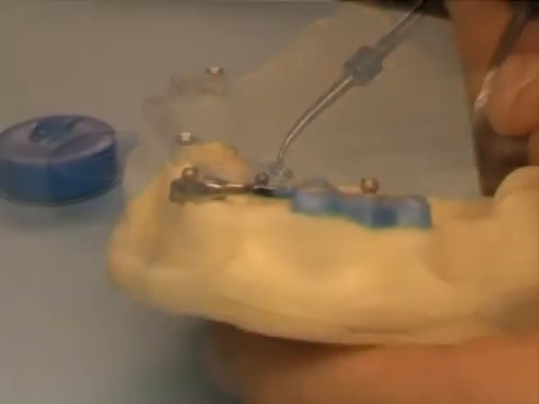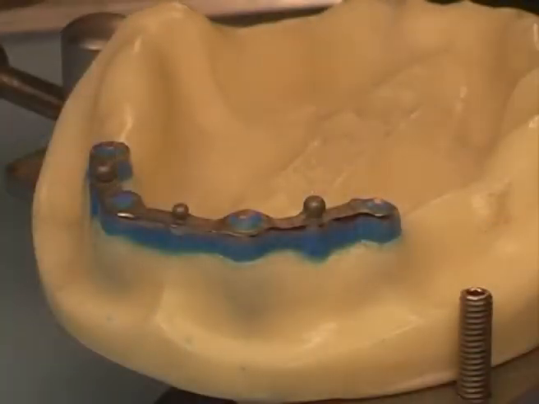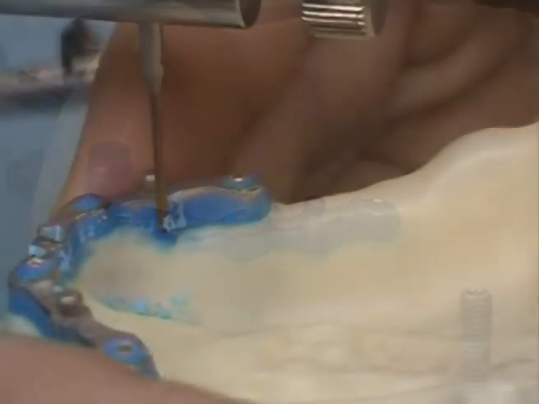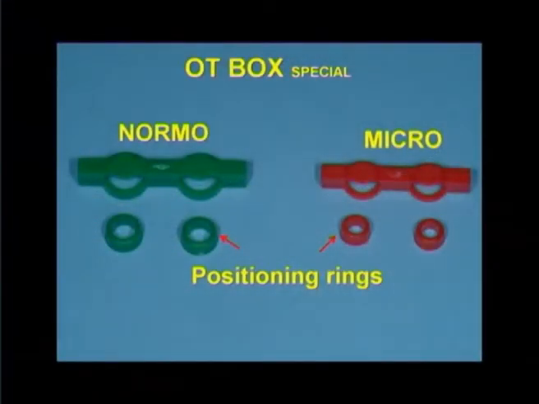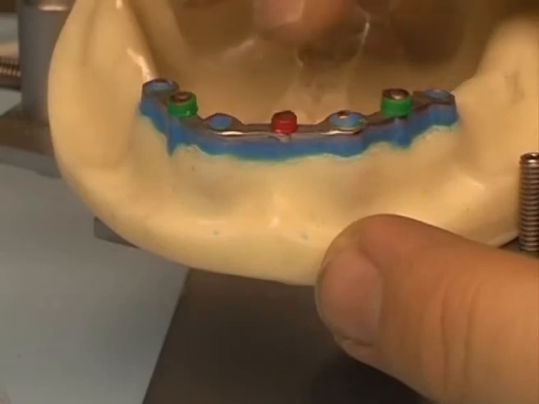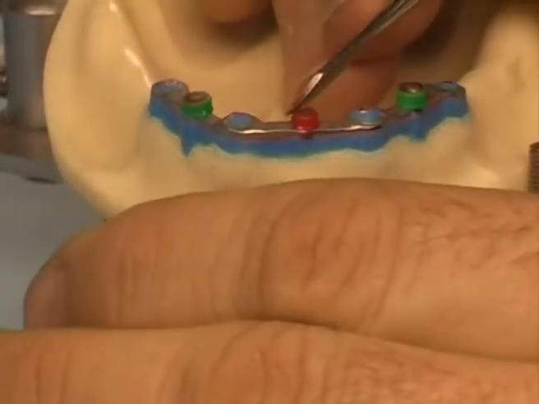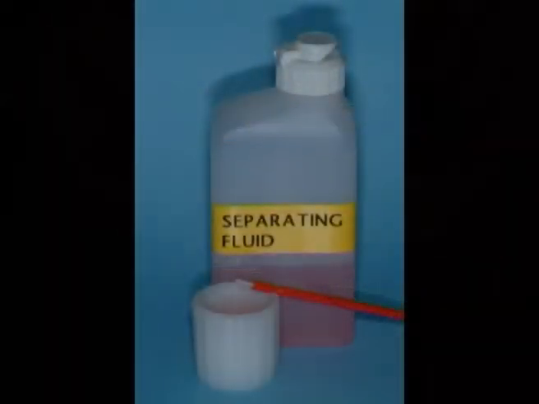Fill any undercuts using wax and level all bar surfaces, the occlusal one included. Insert the positioner rings onto the spheres. To stabilize them, use some soft wax and then add additional wax to level them.